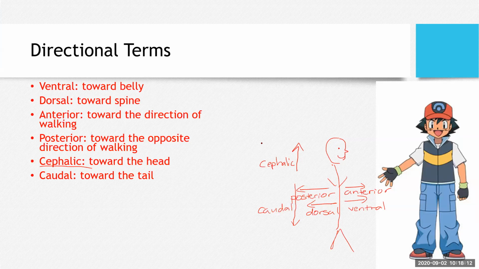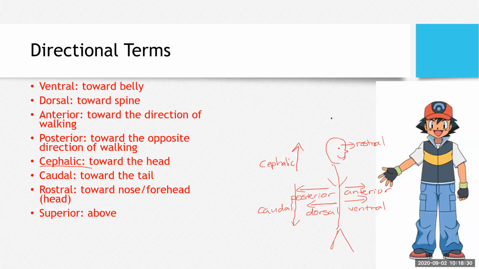There is another word that means, oh, sorry, I'll get to that other word in a second. If we're talking about just the head, then this part is called rostral, which means towards the nose.